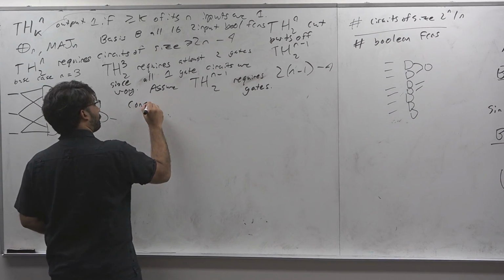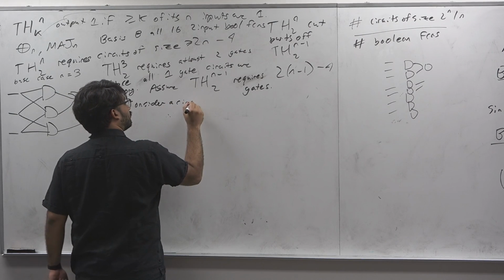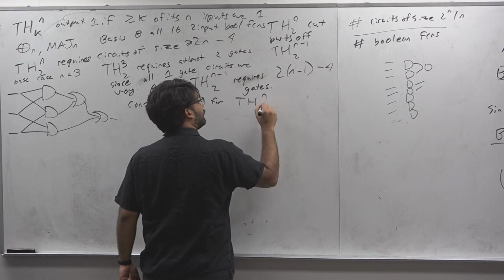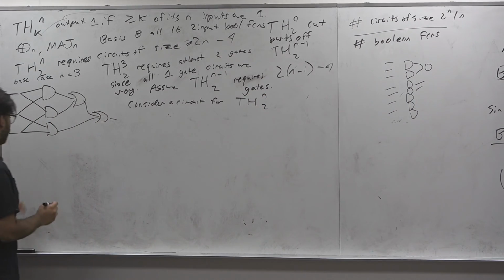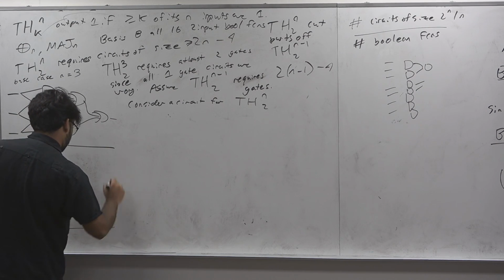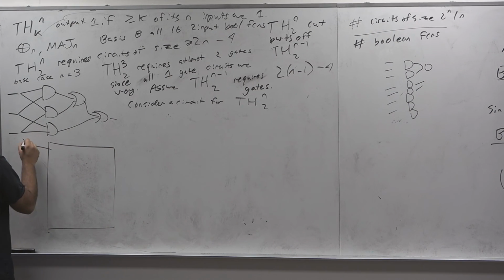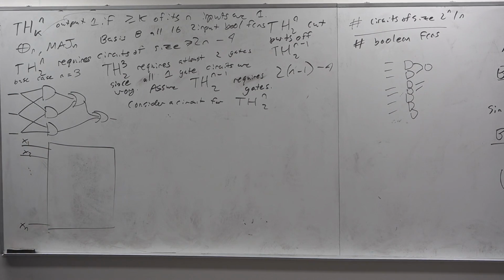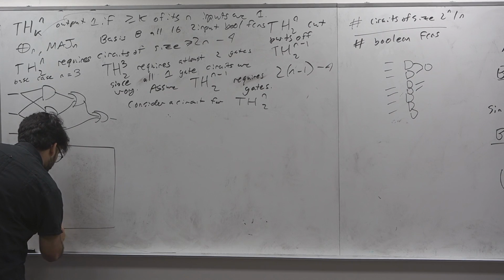Consider a circuit for threshold n of 2, and let this circuit be denoted like this. We have n such inputs. There is some last gate, would you agree? So let this last gate be G.